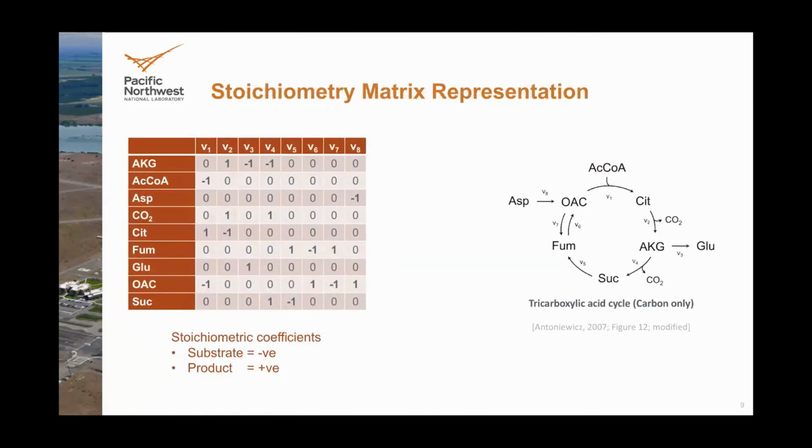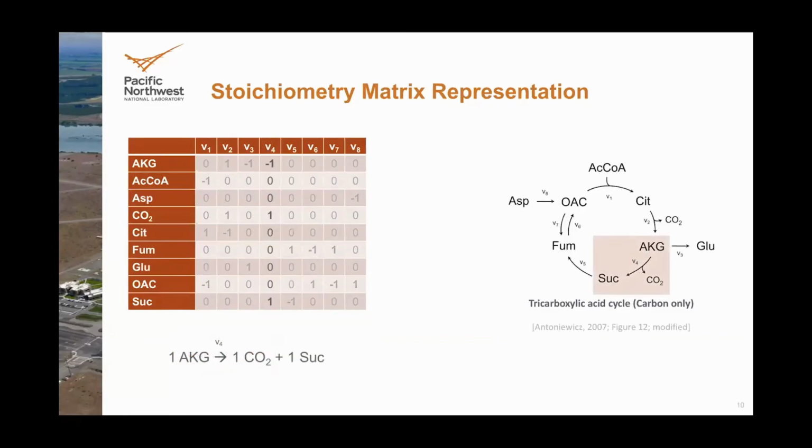Let's look at this represented as a matrix. If you have a graph, you can represent it as an adjacency matrix. Here the rows are the metabolites and the columns are the rates. For a specific reaction, if you have a substrate, it has a negative stoichiometric coefficient in this matrix, and if you have a product, it has a positive stoichiometric coefficient.